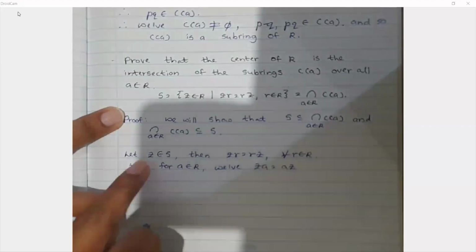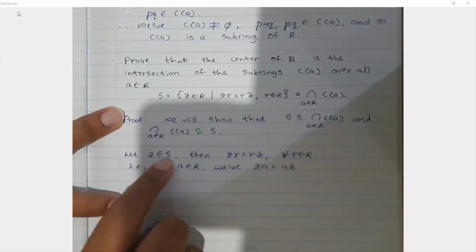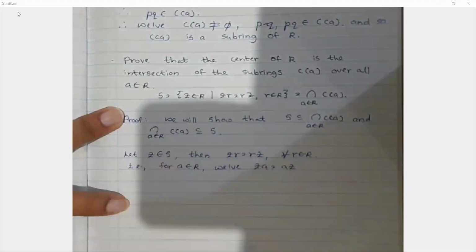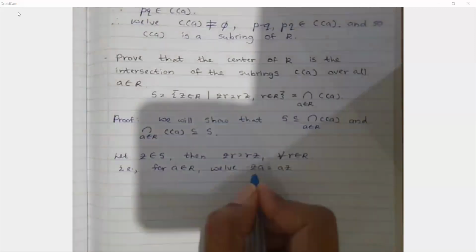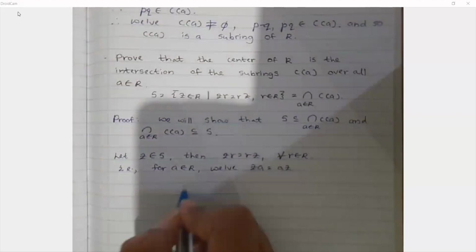Observe, Z is taken from the center of the ring, so it commutes with any element in the ring. For any particular A that you pick from R, Z will always commute with that element A. What does it mean? This particular Z will go in the corresponding C of A.